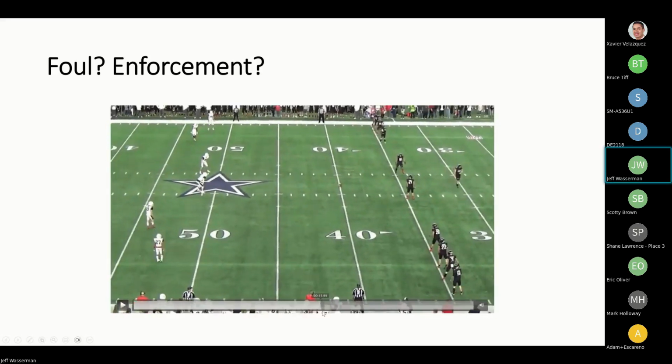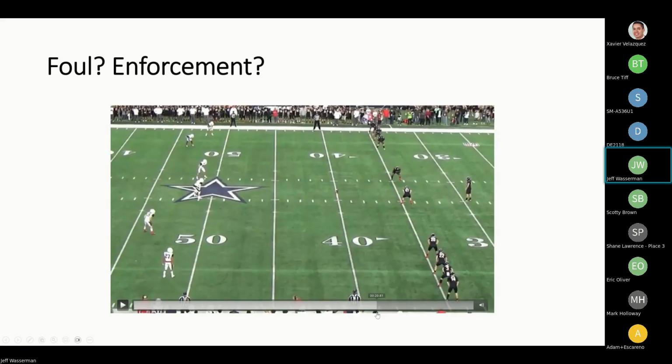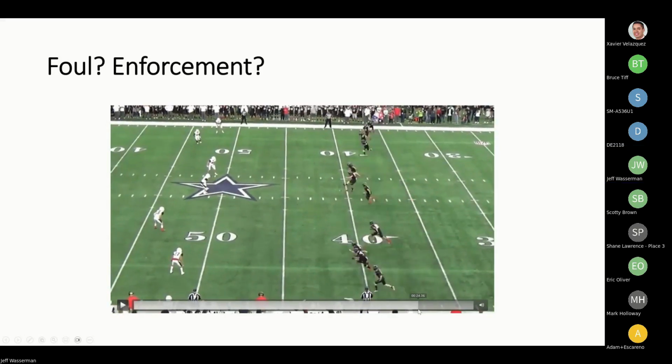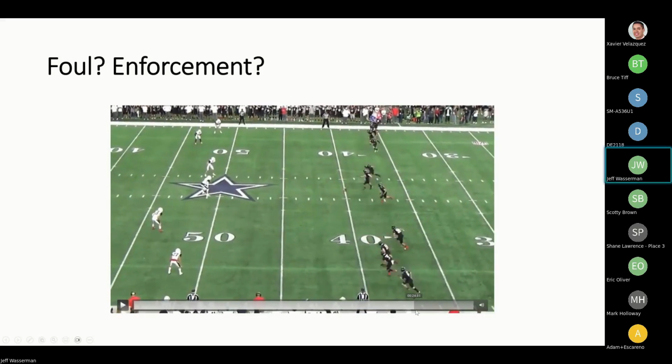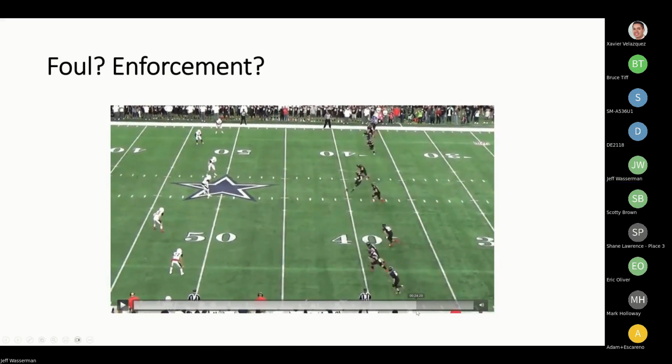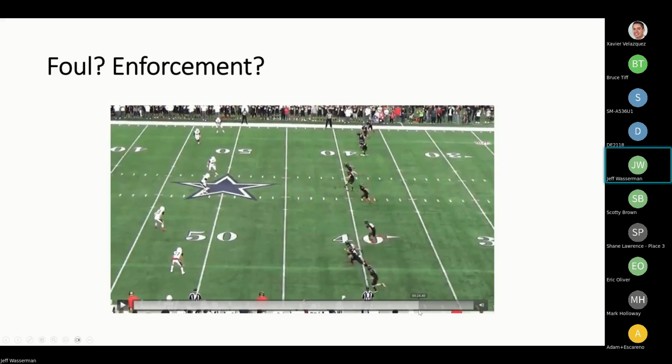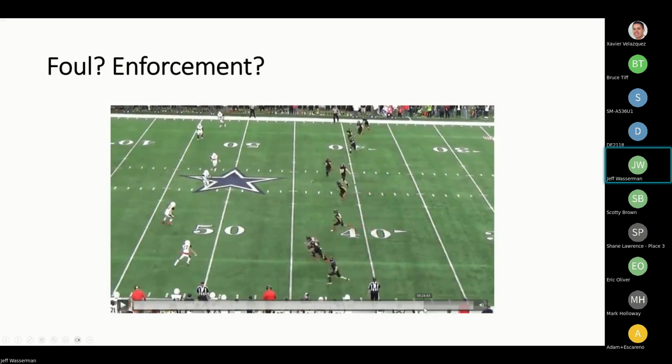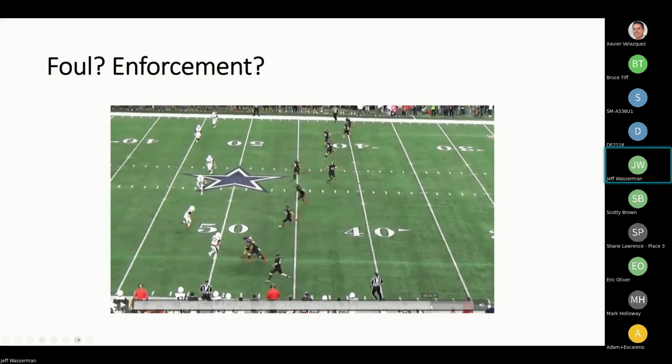Okay, formation looks legal. Got nothing going on here. Okay, we've got an onside kick. Are we all onside? Yep, looks like we're okay there. It's close, but I don't think we're going to be that technical about it with our helmets being over perhaps.